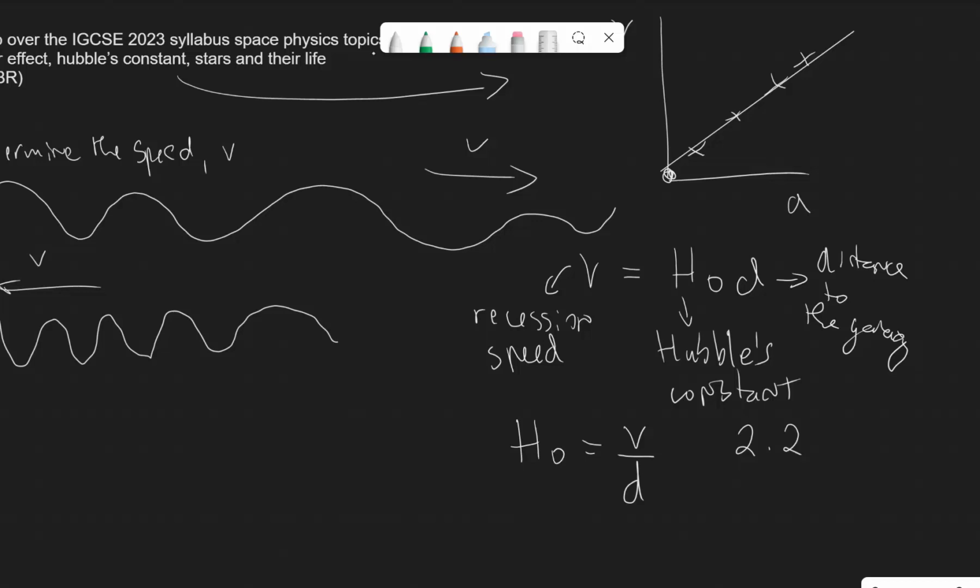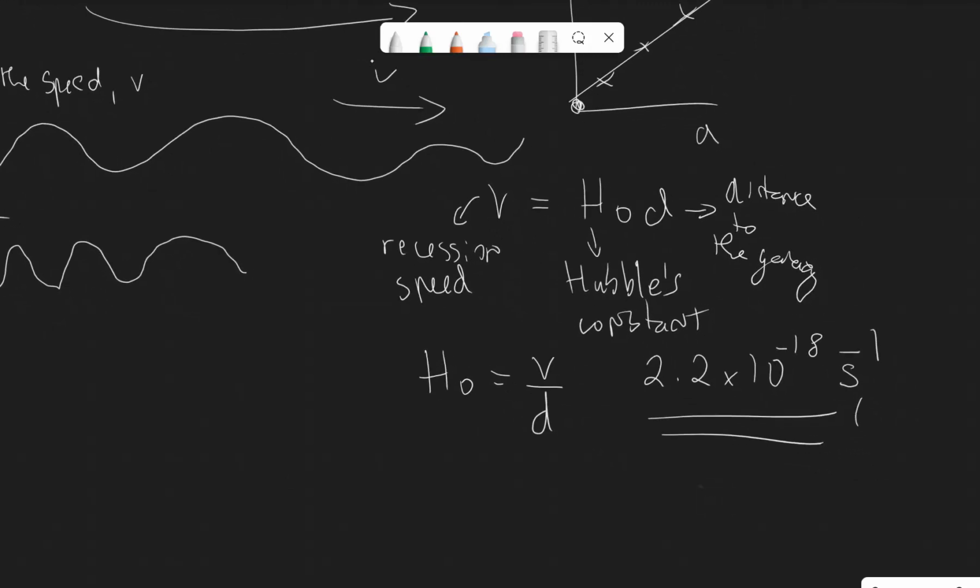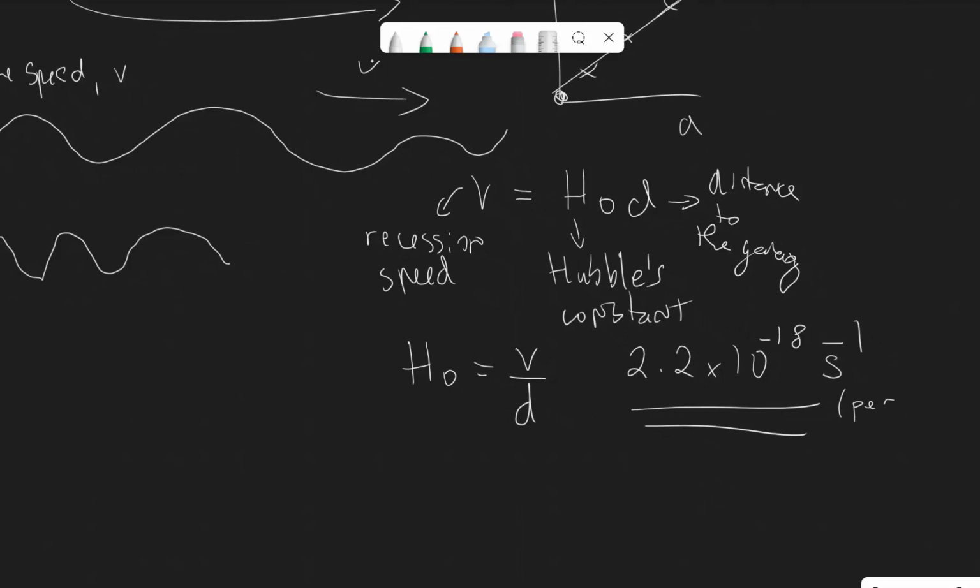I don't believe that's the case for the other exam boards, but it's around 2.2 times 10 to the power of minus 18, and the unit of it is seconds to the power of minus 1. So it has inverse units of time. So that's 1/seconds. The exam board often calls that just, I'm just going to write it in brackets here, per second. So 2.28 times 10 to the power of minus 18 per second.